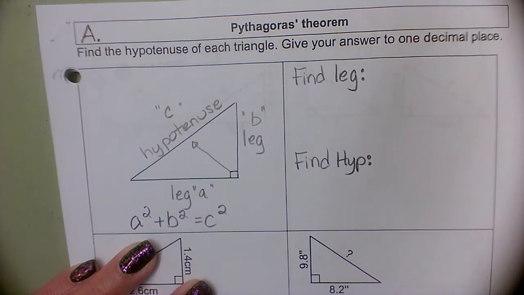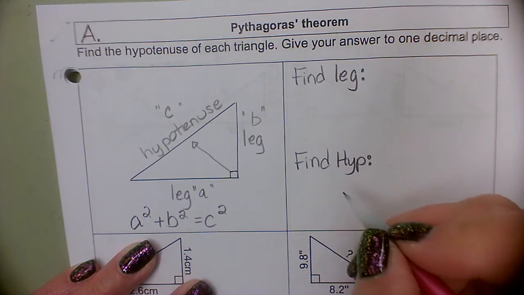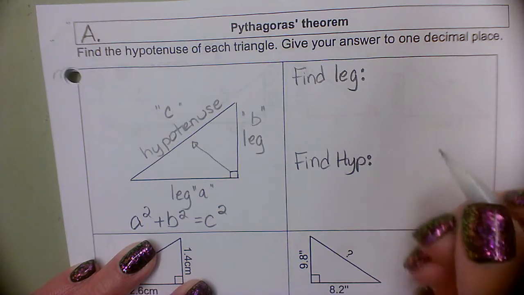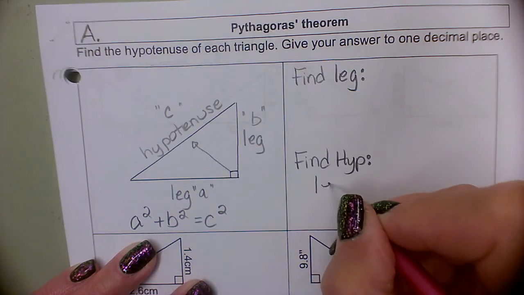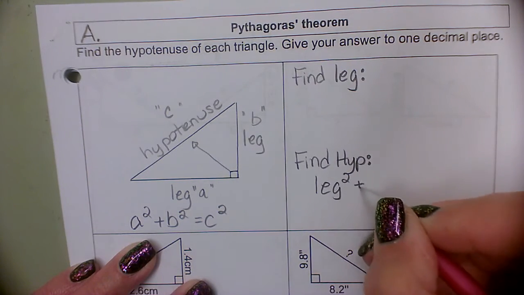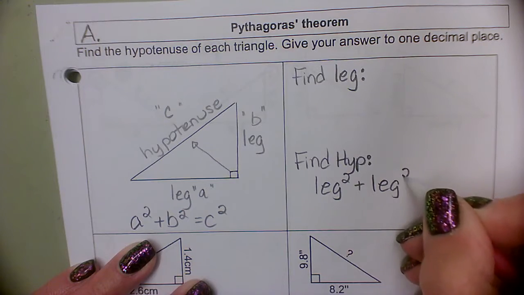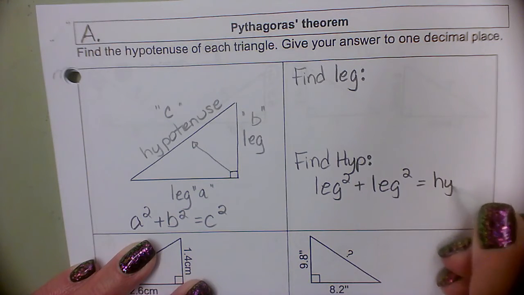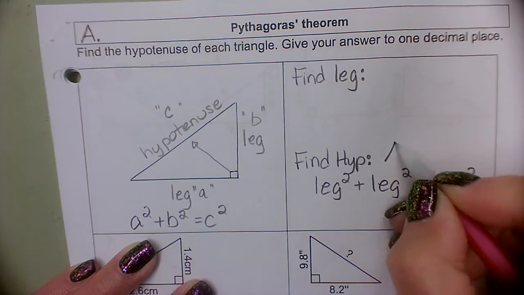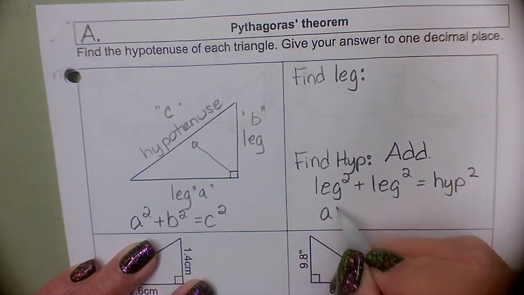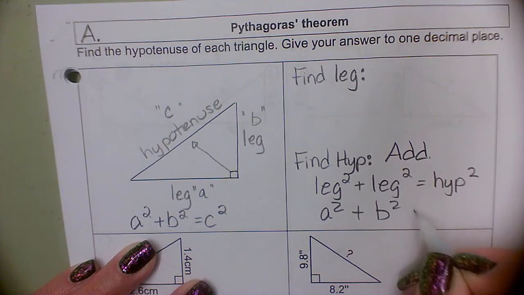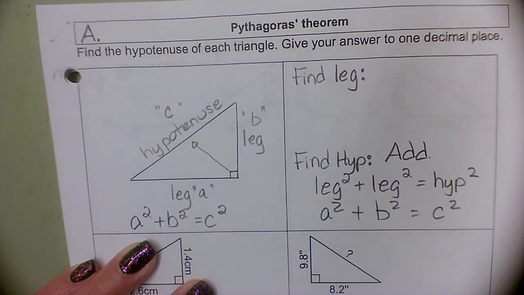Let's do the hypotenuse one first. I don't know C, so it's leg squared plus leg squared equaling hypotenuse squared. We add our squares: A squared plus B squared gives me my C squared.